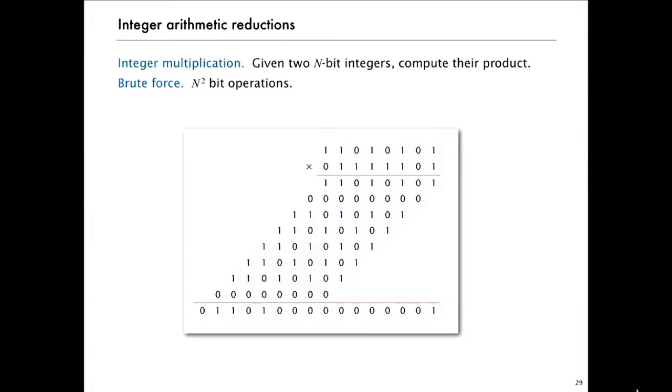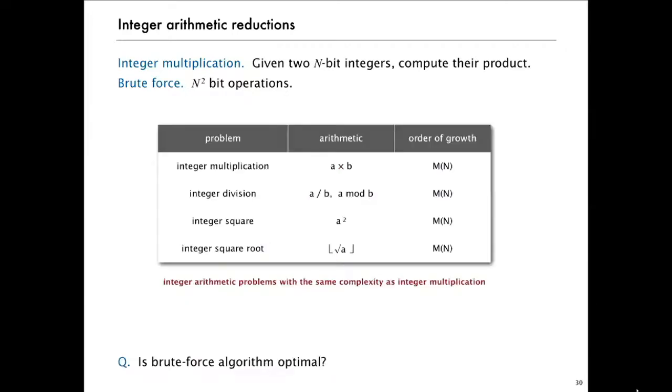But nowadays people are doing integer multiplication on huge integers, because mathematical properties of integers play an important role in cryptography and other applications. So people are interested in algorithms that are faster than quadratic for something like integer multiplication.